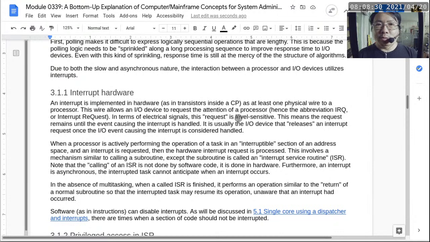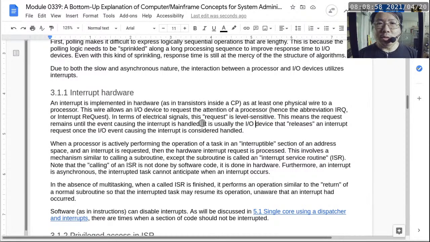The request is also called level sensitive, which basically means as long as the processor decides to ignore this interrupt request, the I/O device will continue to make the voltage low. In other words, it will continue to request the processor's attention until the event is handled.